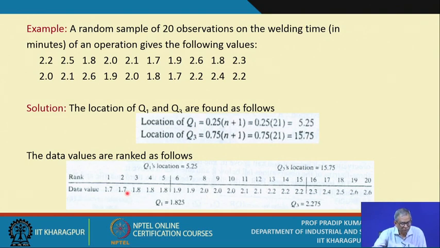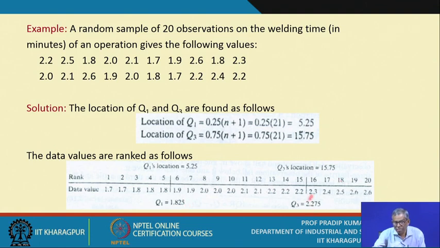You arrange the data in ascending order, where the first data point is 1.7 and the 20th one is 2.6. The rank 5.25 lies between the fifth rank and the sixth rank, so Q1 is 1.825. It's clear.